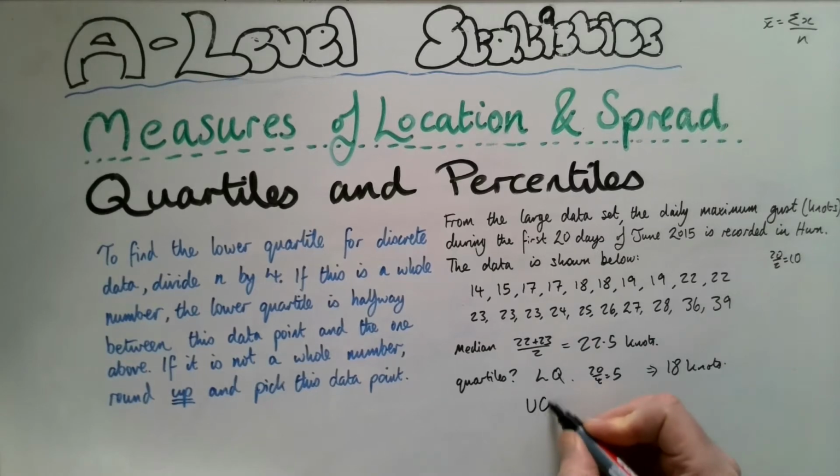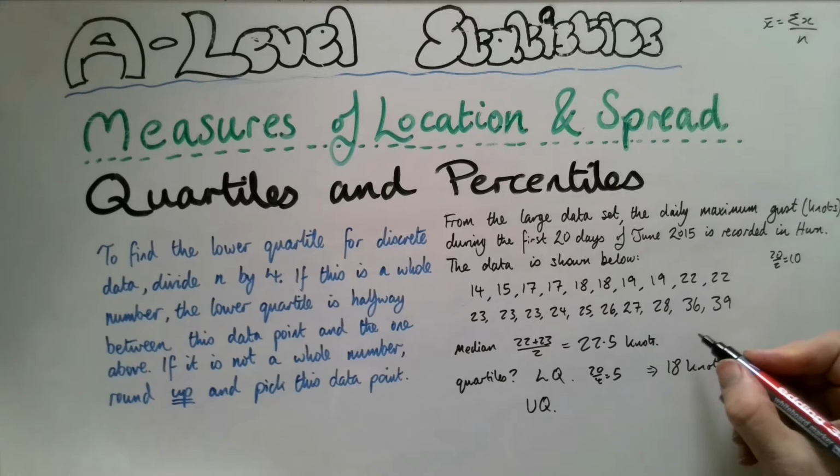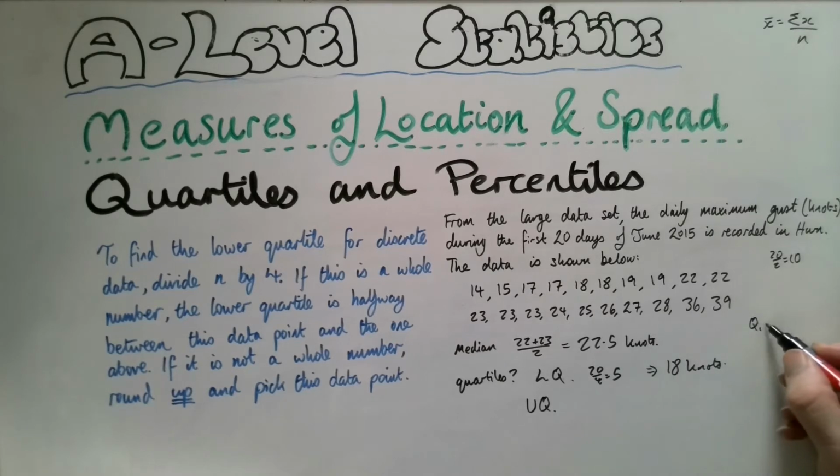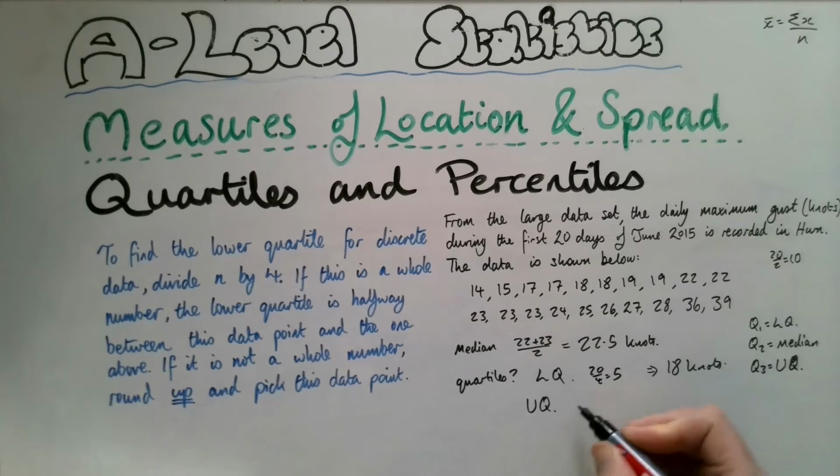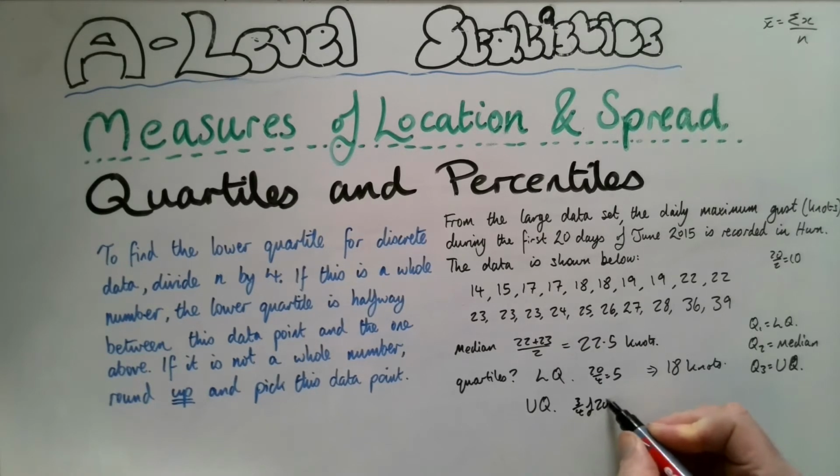If we want the upper quartile, it's sometimes called Q3, by the way. Q1 is the lower quartile. Q2 is the median, because 2/4 make a half, and Q3 is the upper quartile. So we want 3/4 of 20 this time, which is 15.